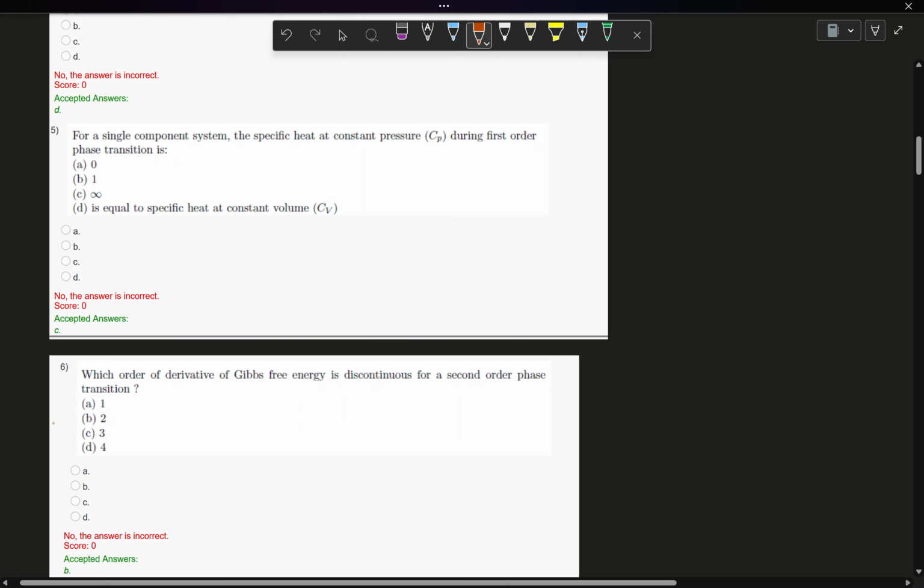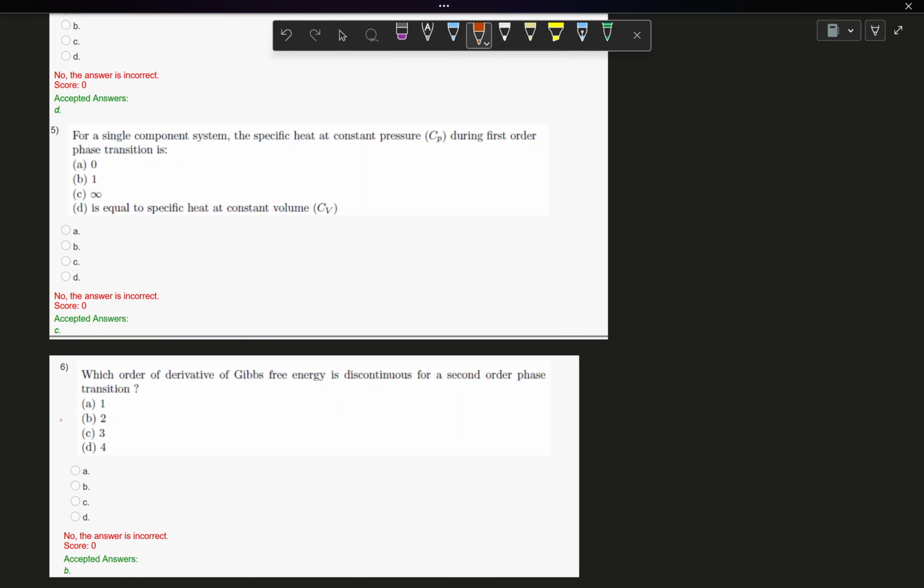Now question number 5 is: for a single component system, what is the specific heat at constant pressure during a first order phase transition? This is a conceptual question, and it is better for you to remember that first order phase transition means that the first order derivative of the Gibbs free energy will show a discontinuity at constant pressure, at the phase transition temperature point.